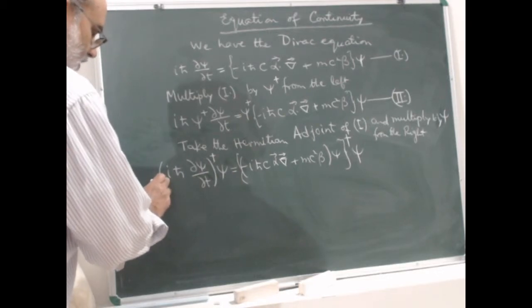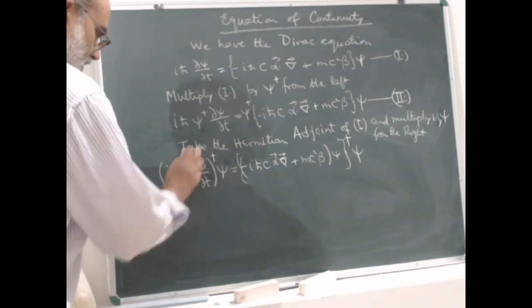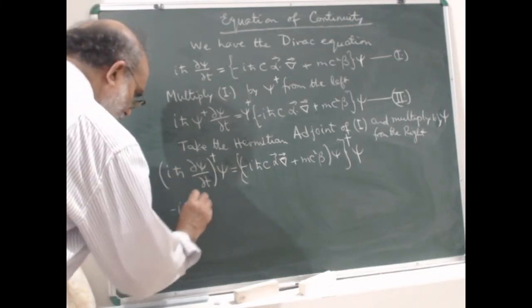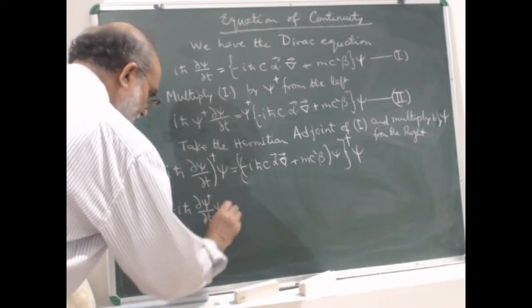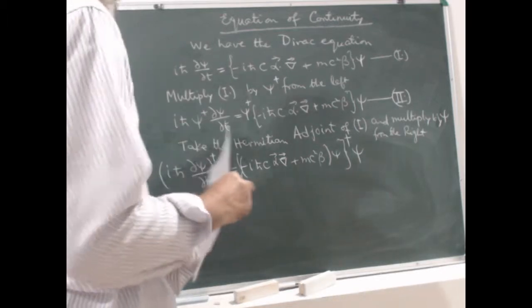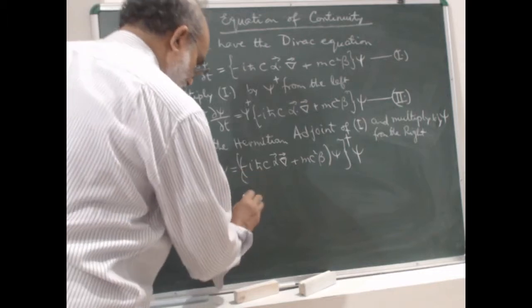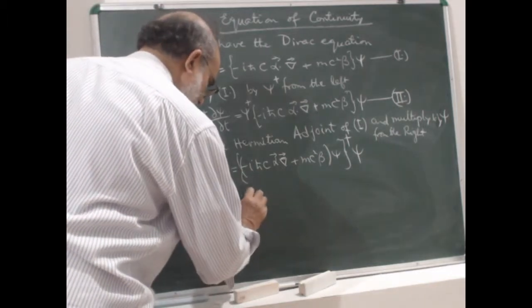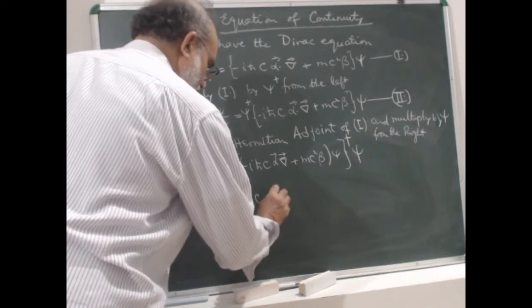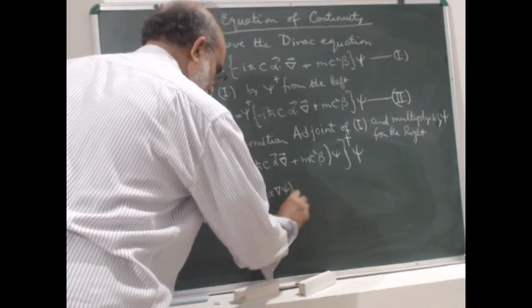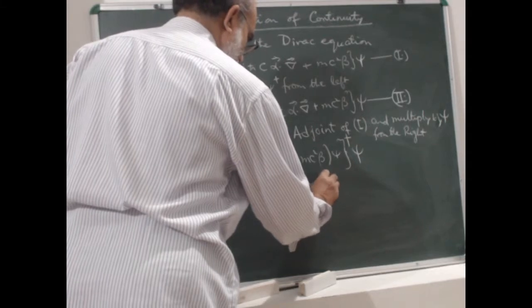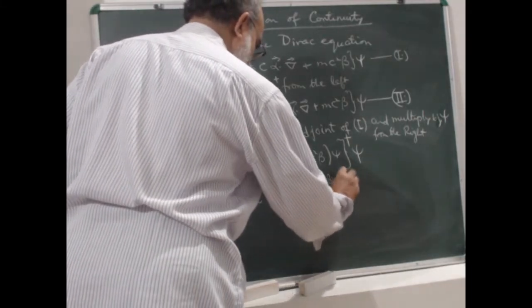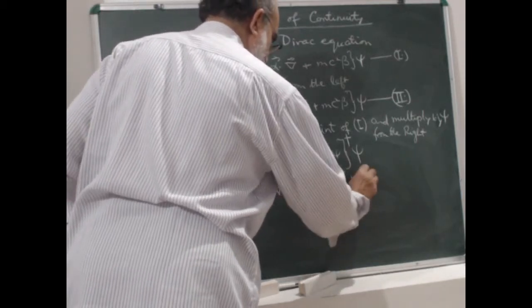Now the i will become minus, and a dagger will appear here, so this will be minus iħ ∂ψ†/∂t ψ, and on the other side plus iħ c, with the Hermitian adjoint symbol appearing over here, plus m c² β ψ.